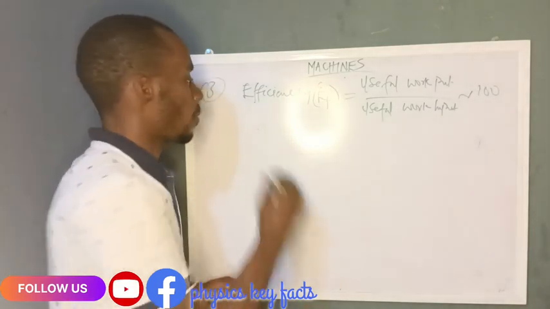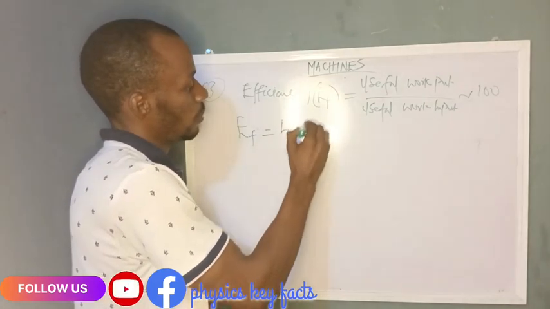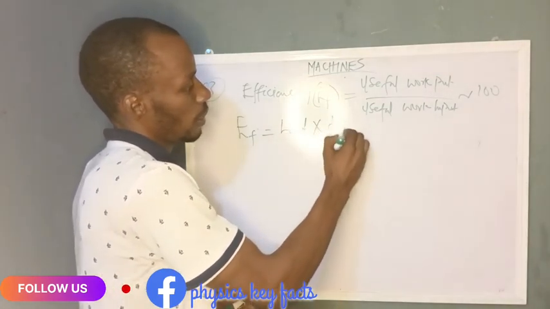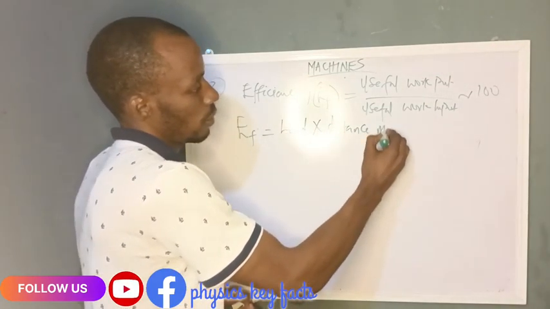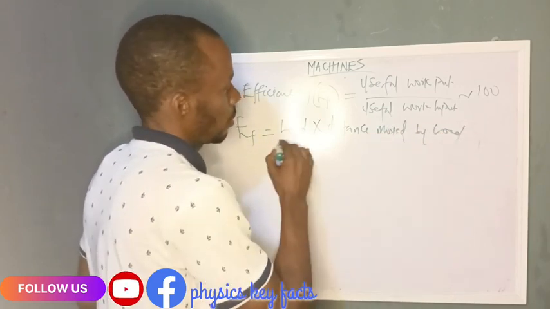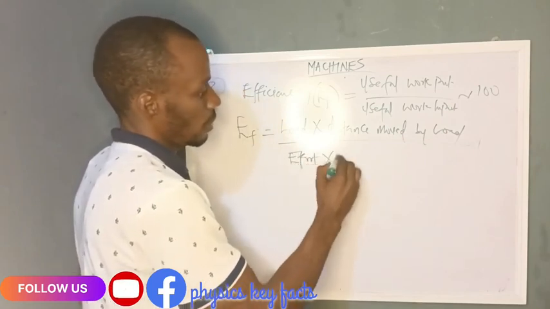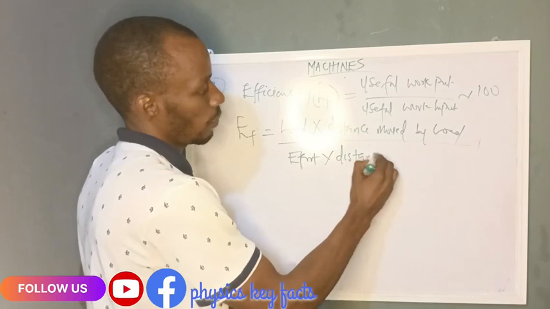Efficiency also has another formula: load times distance moved by load, all over effort times distance moved by effort.